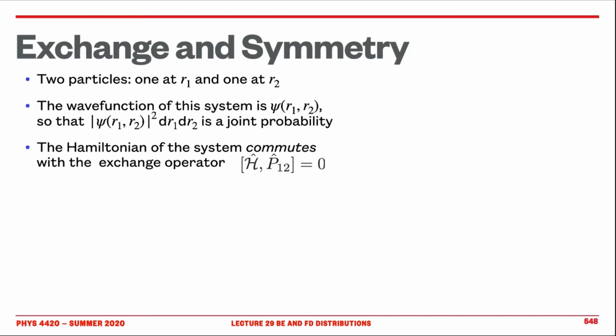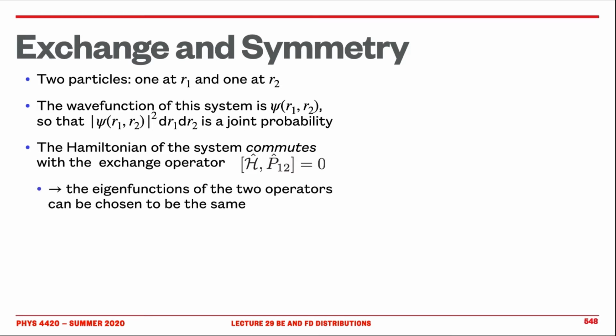Mathematically, this is described as saying that the operator that exchanges those two particles, which we call P12, and the Hamiltonian operator commute. It turns out this is important because, as you know, if two operators commute, we can choose the eigenfunctions of both operators to be the same.